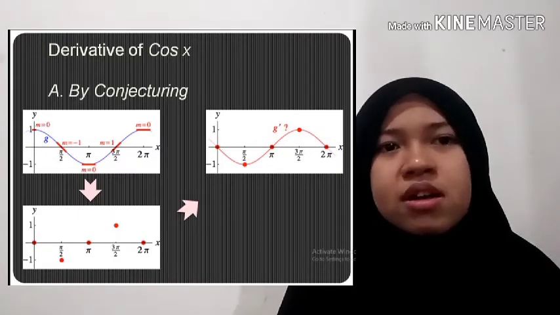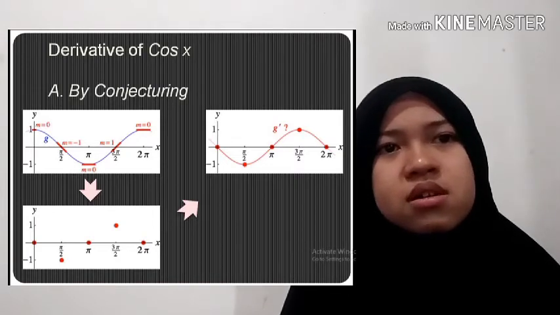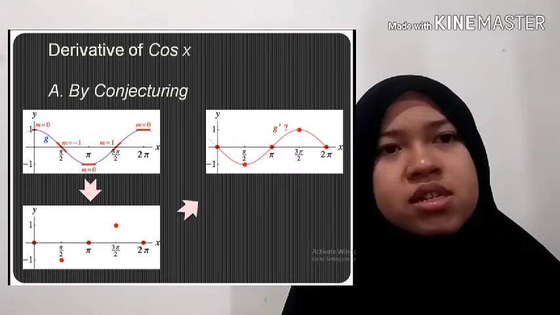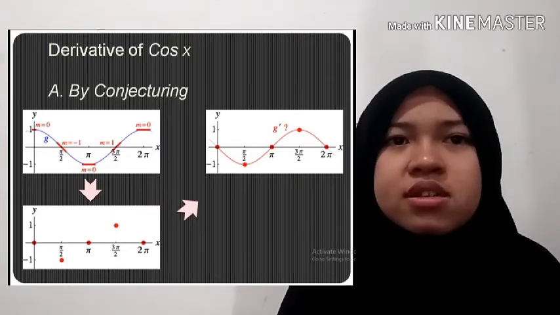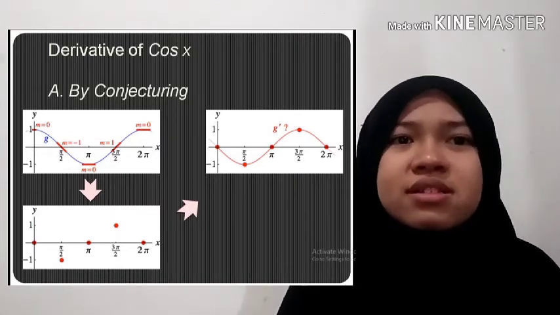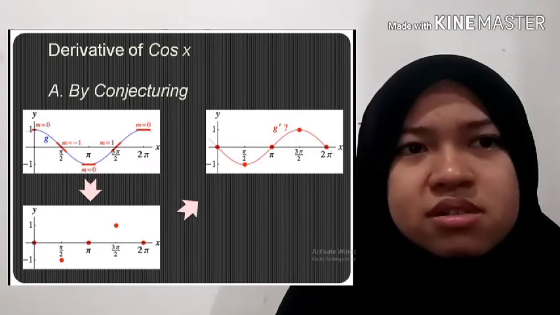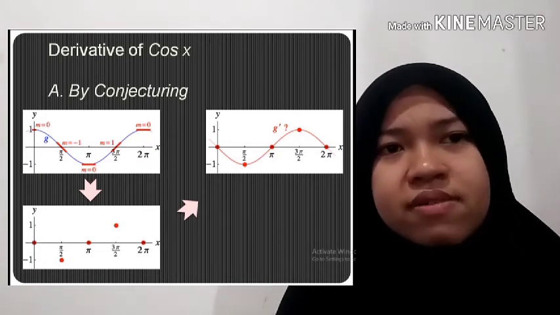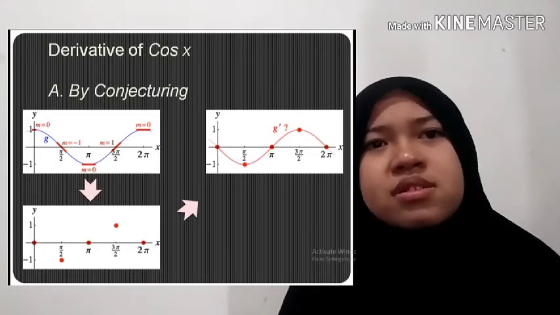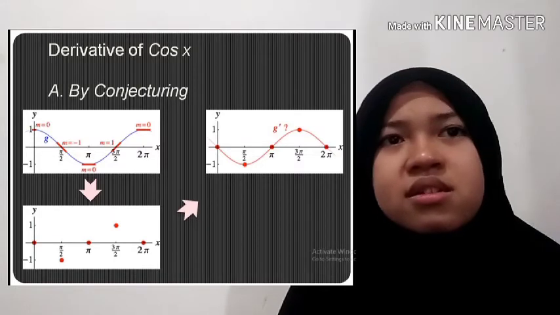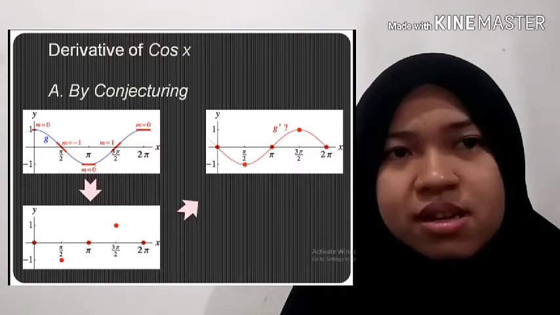We plot the slope of the tangent to the new Cartesian coordinate. We get 0, -1, 0, 1, and 0. Look at this. This is similar to the sine graph, right? But this is the reciprocal. We conjecture the derivative of cosine x is equal to negative sine x.